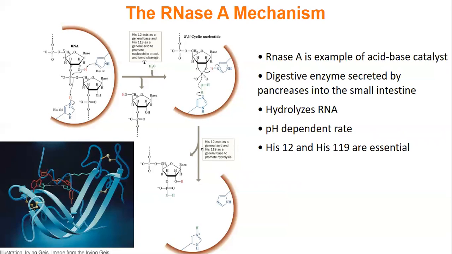It does both. So here, the important amino acids are histidine, and hopefully you remember the pK of histidine. Who can tell us what the pK of histidine was again? What's that number that I had you memorize? Yes, it's 6. The pK of histidine is 6.